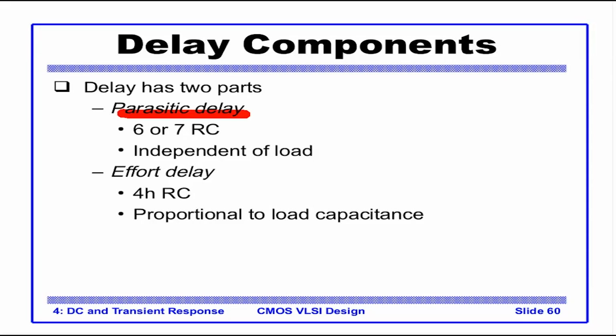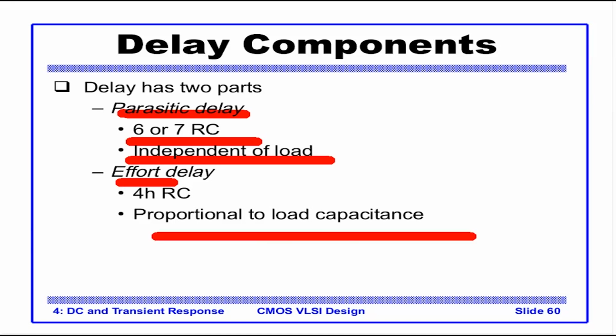We saw it is either 6RC or 7RC. The other is the effort delay, which is the effort the gate requires to drive the fanout. It depends on the load, proportional to load capacitance. We saw it's always 4HRC, whether the output is rising or falling. It just depends on the gate capacitance of the connected fanout gates.